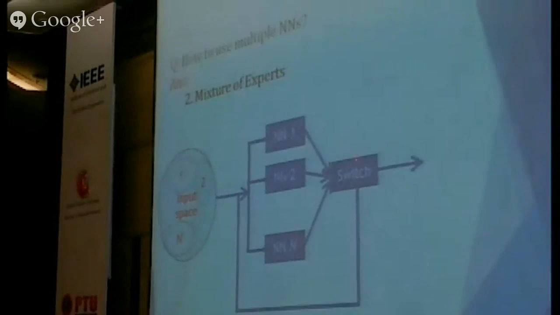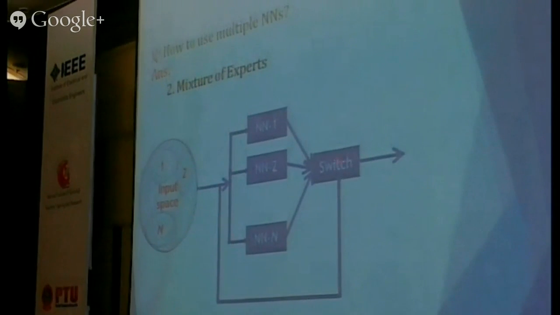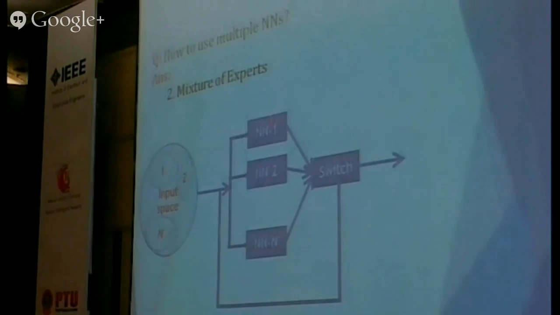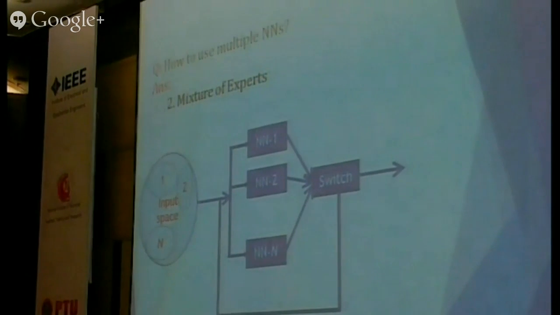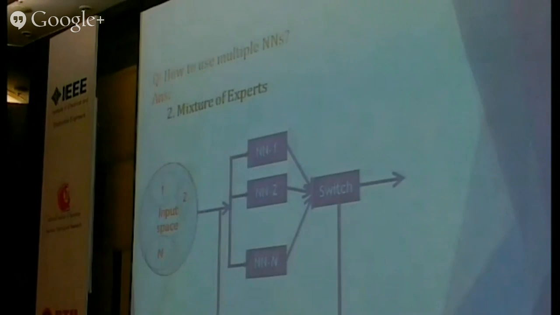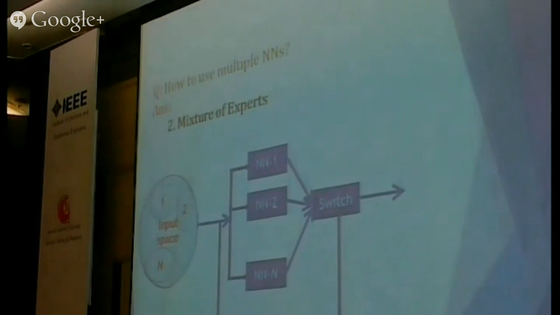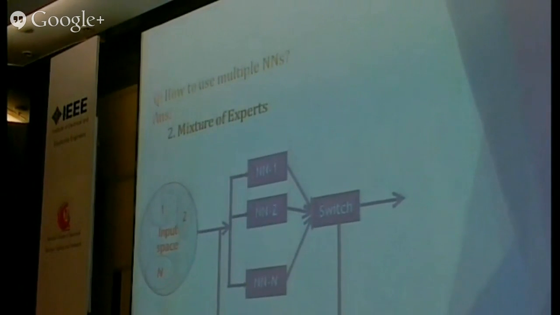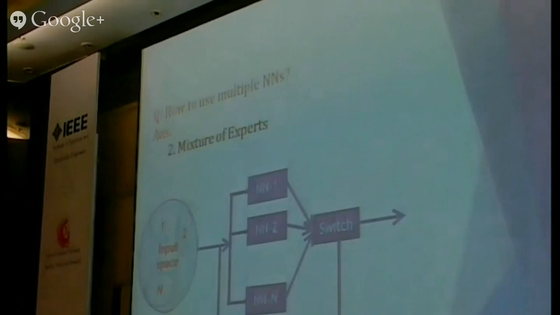And it will decide which of these neural networks is going to perform best, and which output to take, and then accordingly it will pick one of these outputs. I have some contribution in this one, and we have submitted a transactions paper, and hopefully it will get accepted pretty soon. I can share those ideas with you.